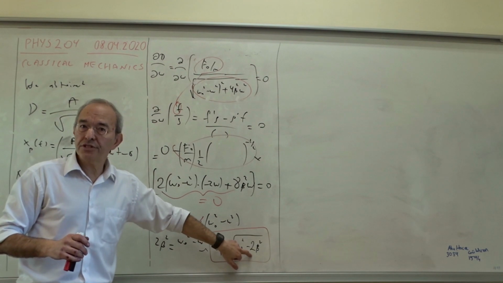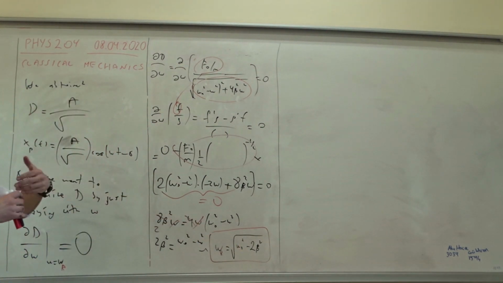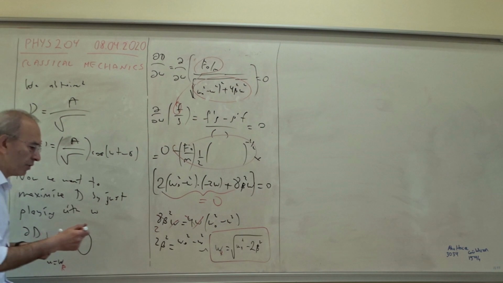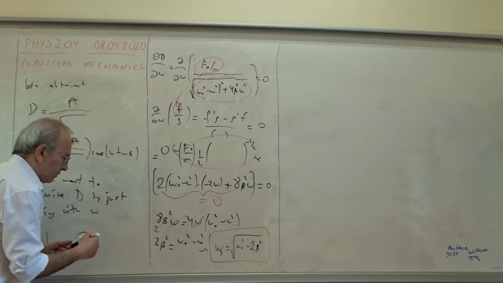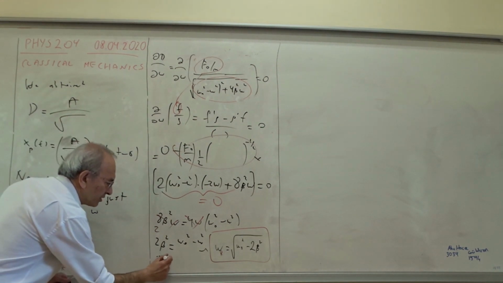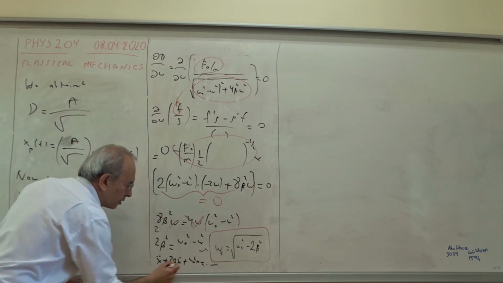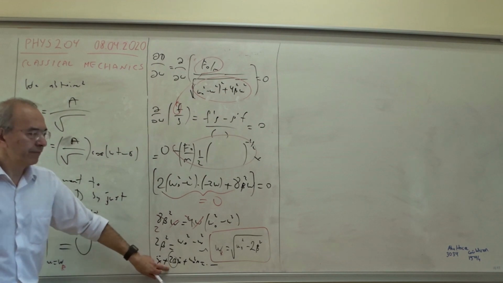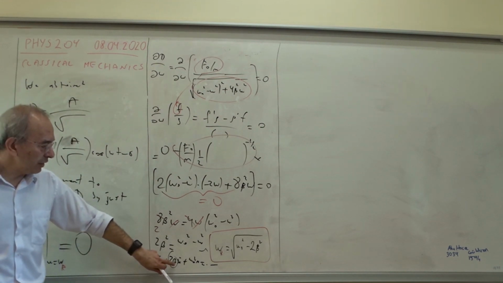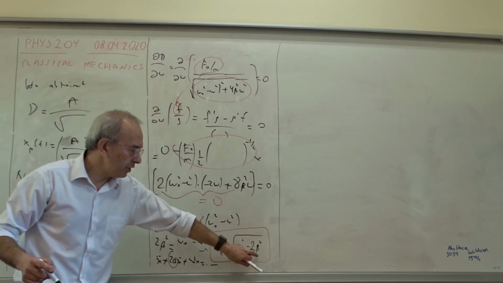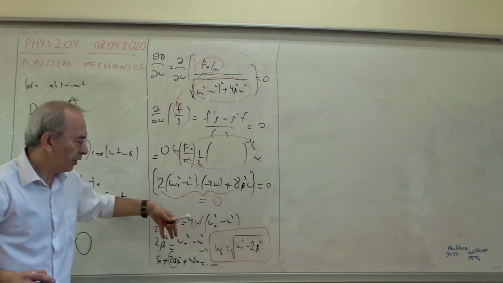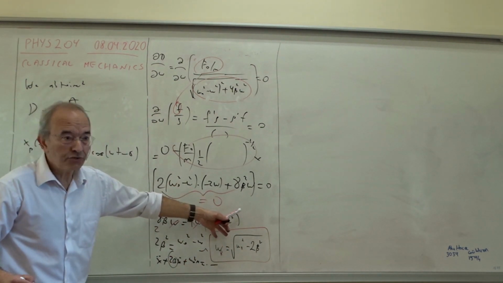If there is some kind of resistance, remember the system where we have x double dot plus 2β x dot plus ω0² x equal to the drive. If we have such a resistive term, then whatever this β is, you write it here, multiply by 2, and then find the resonance frequency.